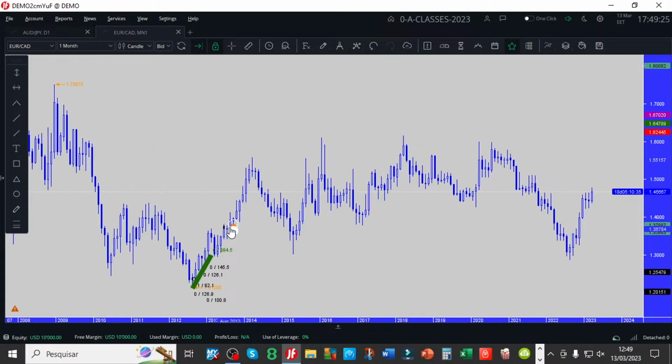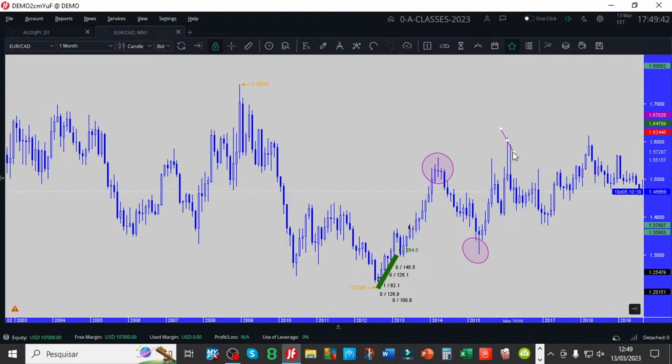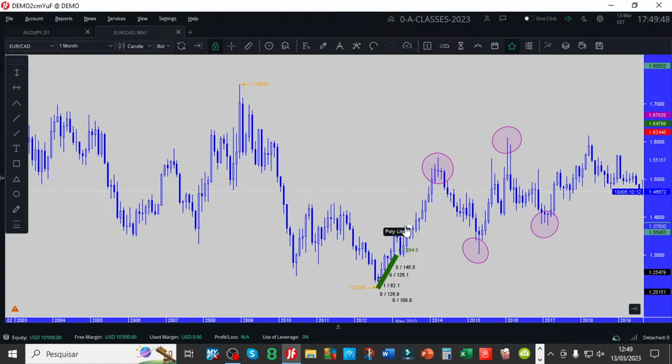See, everybody, this is just an example, right? If you don't chart in the correct way, what does this mean? You have here, this is the relevant high, this is the relevant low, this is the relevant high, this is the relevant low. Make sense, everybody?